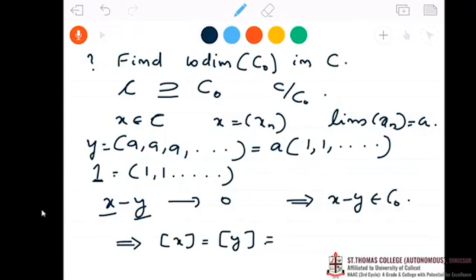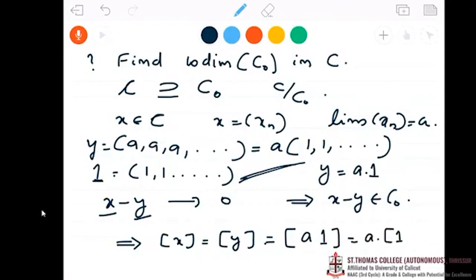Now I can write y as a times big 1, where big 1 is the constant sequence 1. So this is class of a times 1, which is a times class of 1.